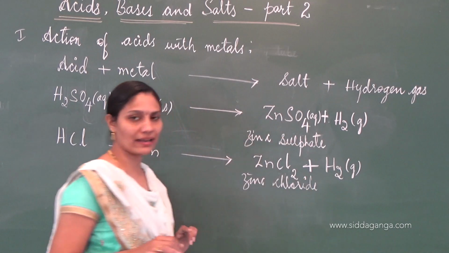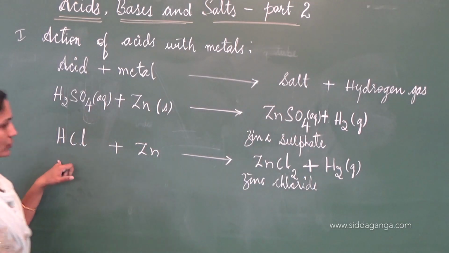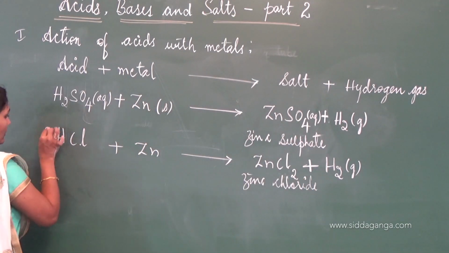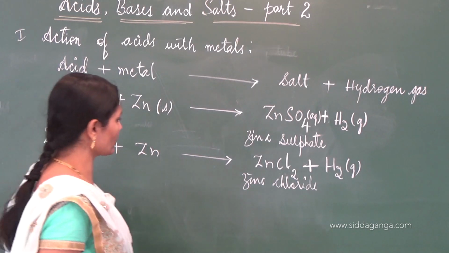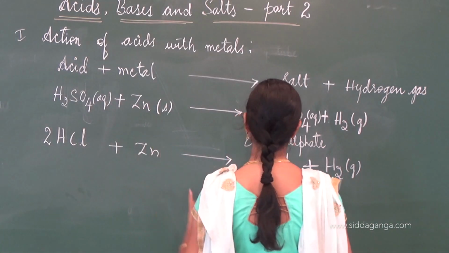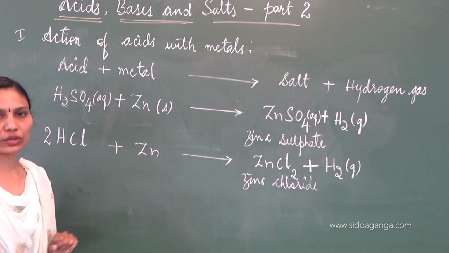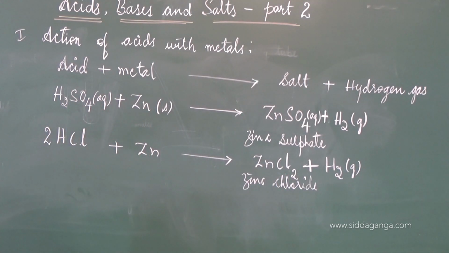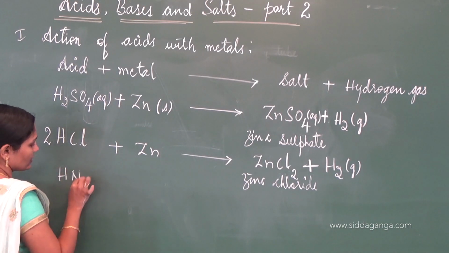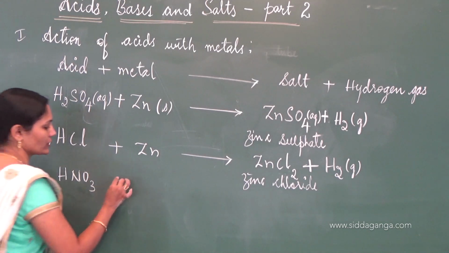If not, we need to balance the equation. Hydrogen is not balanced, so I need to put 2 here. With this, chlorine also gets 2, and we have ZnCl2. Now the equation looks balanced, right? Check it out. Yes. And further, we'll try with another acid, that is HNO3.